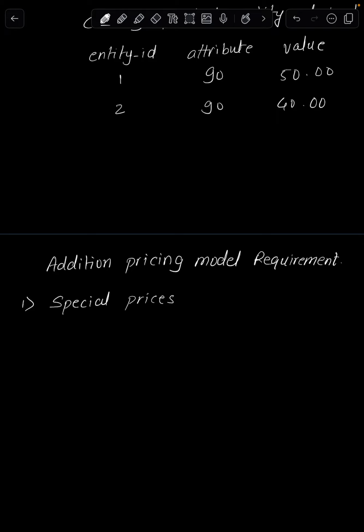One is I should be able to add a special price to a particular product, and that special price should be valid for a particular date. These are the two aspects, right? Special prices for products valid between a date range.